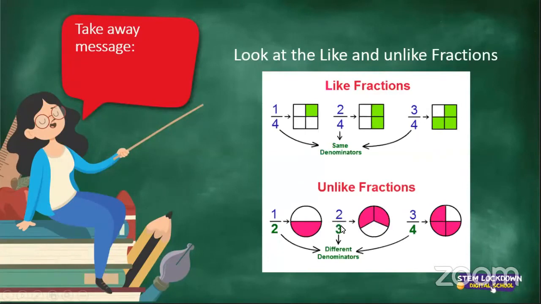So the numerator will be 2 and the total number is 3, because it has 3 parts. And here it has 4 parts and 3 colored in pink, so 3 will be our numerator and 4 will be our denominator. What we notice here is that we have different denominators, and it makes these unlike fractions.